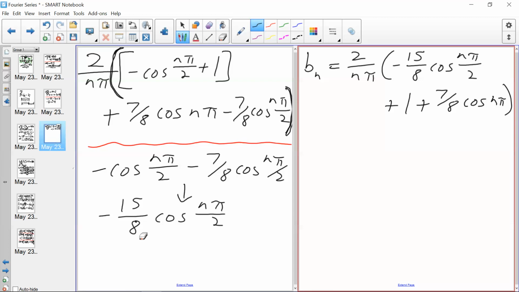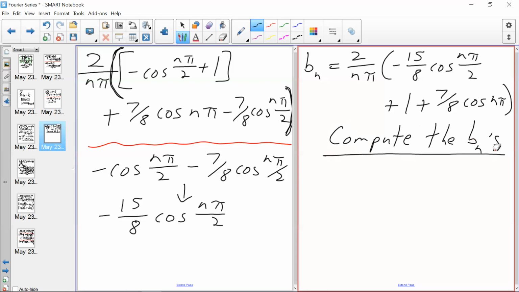So the next thing I'm going to do is compute all of the coefficients, because now we have our expression for it. So n is going to be equal to 1, 2, 3, and so on. So b sub 1: we just replace 1 for each of these terms here. So 2 over 1 pi, or just 2 over pi, and this first term goes away, and all we're left with is 1 and cosine of this is just 1.